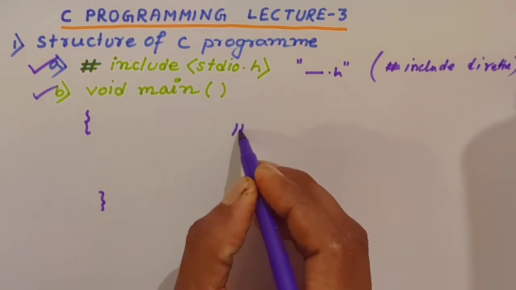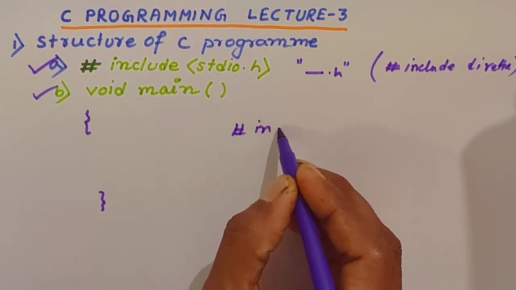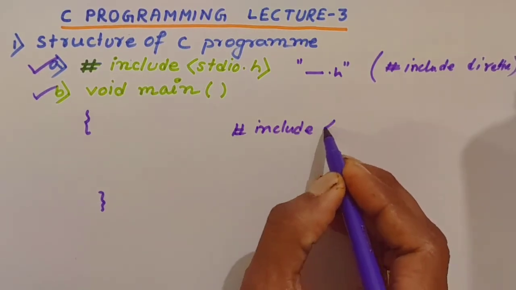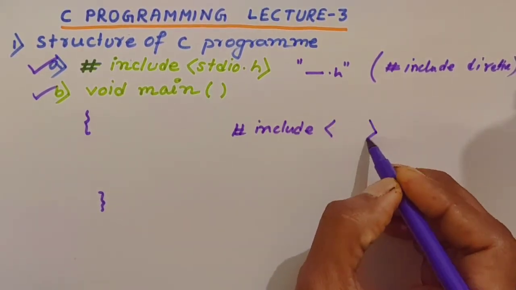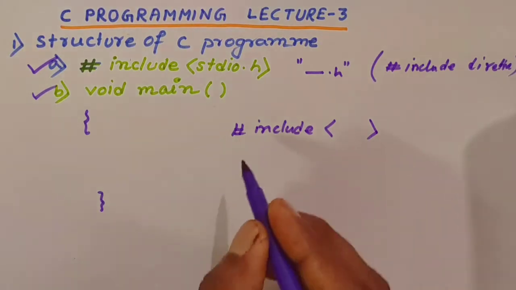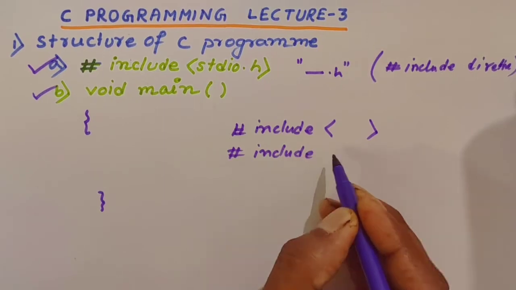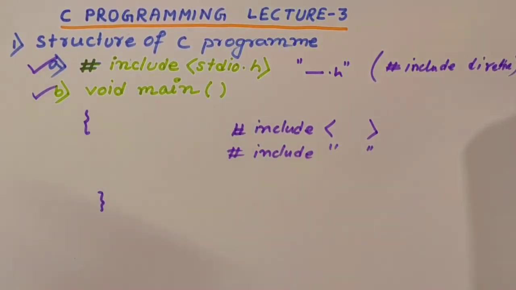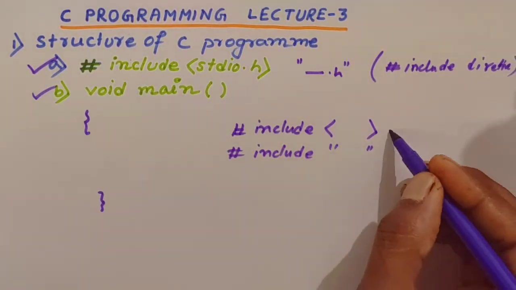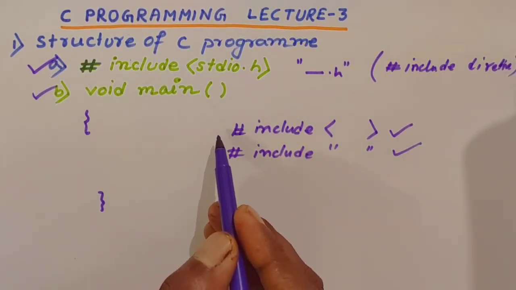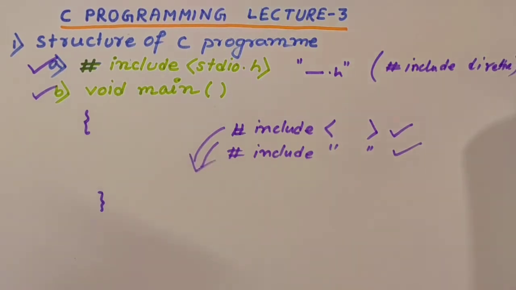Suppose #include inside a bracket, or #include inside inverted commas, double inverted commas. So these two things are different. Basically, for your practical, this is needed. So we'll discuss the #include in the bracket one.